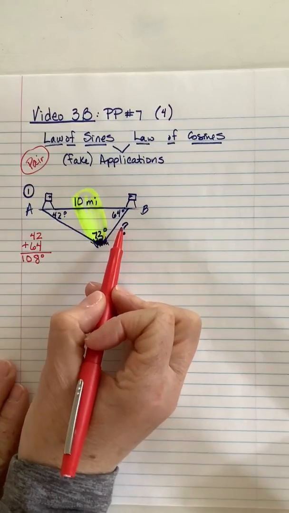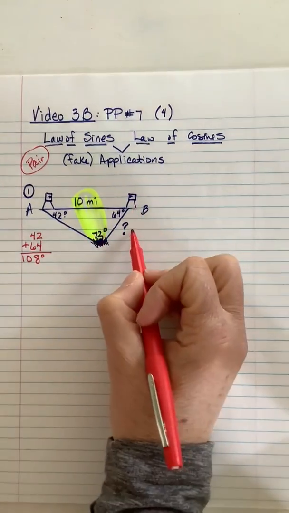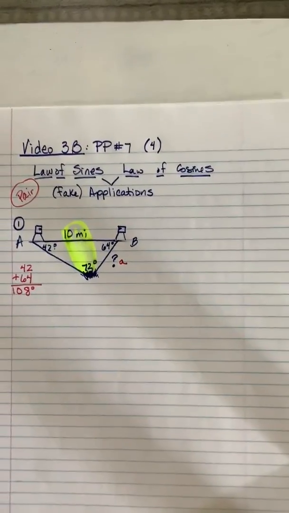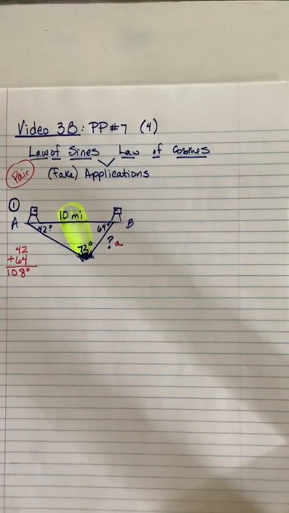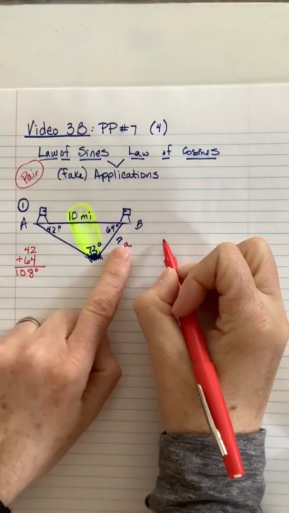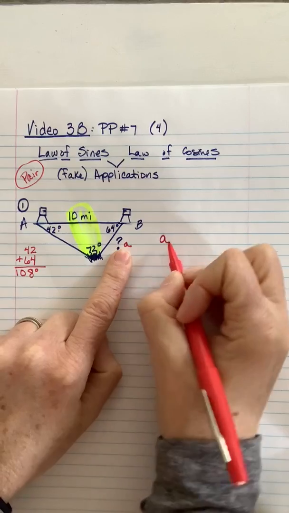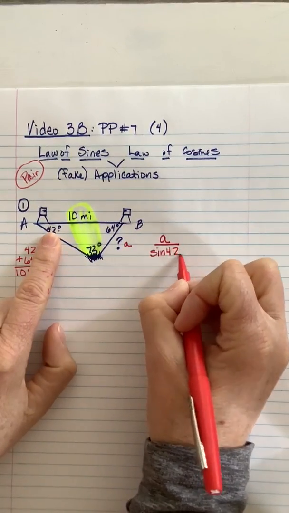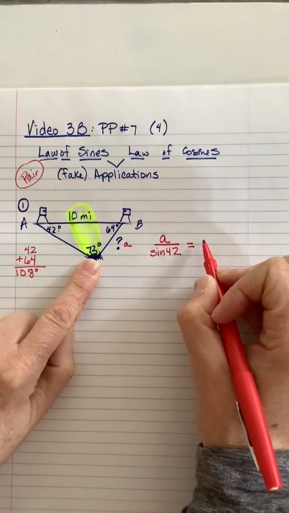Notice I'm missing the side. I'm actually missing little a. Oh, look who's perked up. See? Very exciting. So I'm missing little a, which means I am going to keep little a on top. Little a divided by sine 42. It's been a while, which is why I'm doing one of these with you.